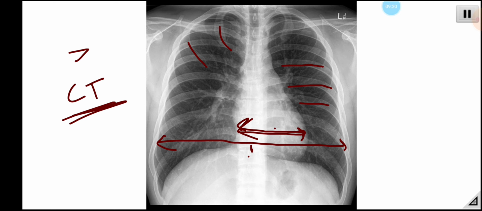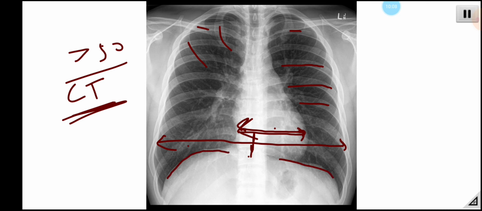This is in a PA view X-ray; we don't do that on the AP view, because there the heart is magnified. If the cardiac shadow is greater than half of the thoracic diameter, this indicates a cardiomegaly. So you can get an idea from an X-ray about the heart size as well. That's the cardiothoracic ratio: the diameter of the heart should be less than half of the diameter of the thorax.